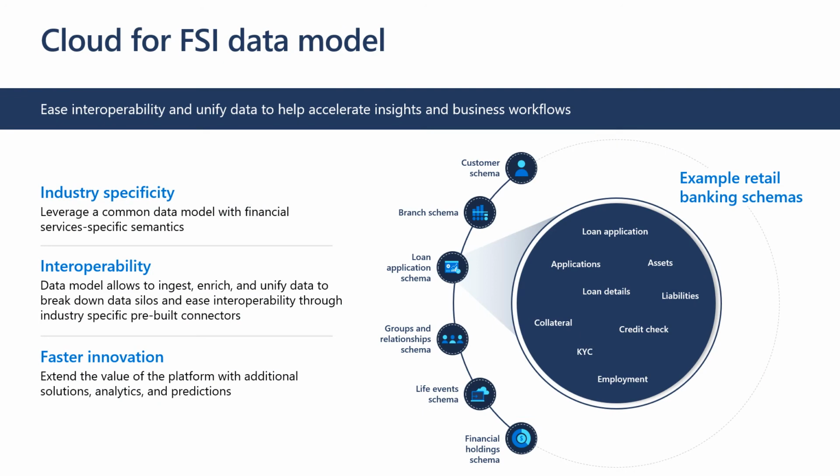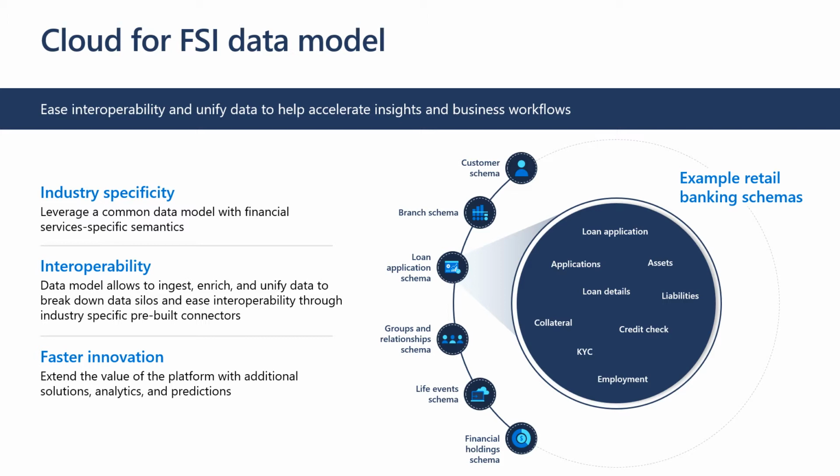Our industry data model uses interoperability and unifies data to help accelerate insights and business workflows. So what does this offer? Industry specificity: leverage a common data model with financial services specific semantics.